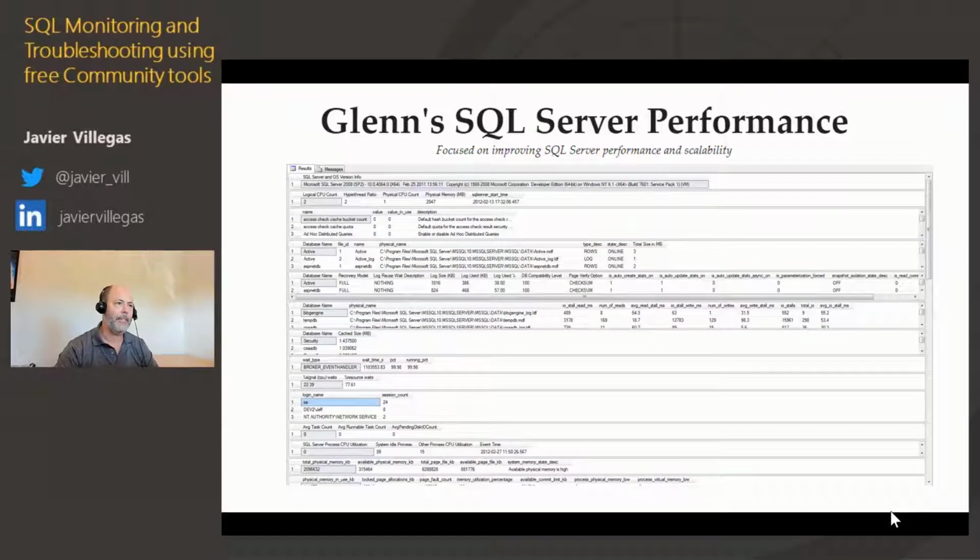This one from Glenn Berry, this is an example of the output, where we can see information about our instance, our host, how it's configured, a particular user database, etc. There are more than 50 queries that do all this analysis through your instance, and the documentation explains exactly what the purpose of each of these queries is.